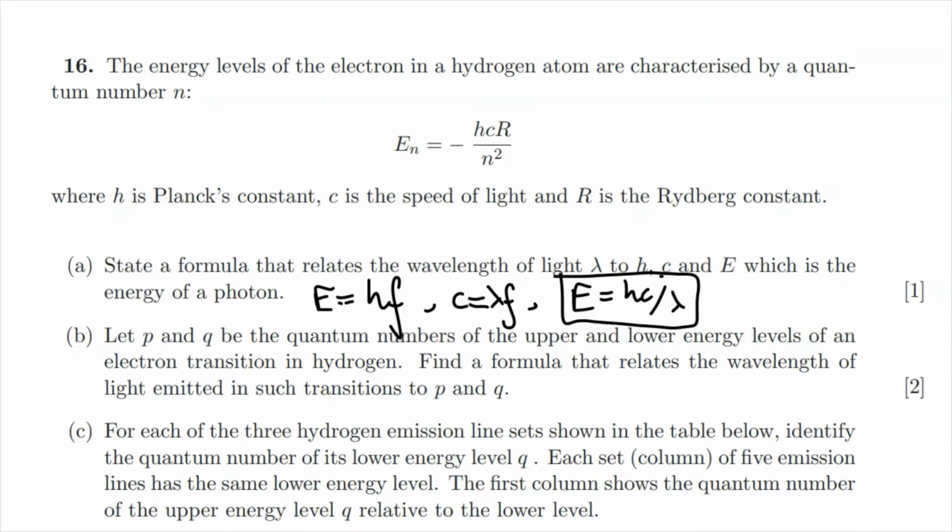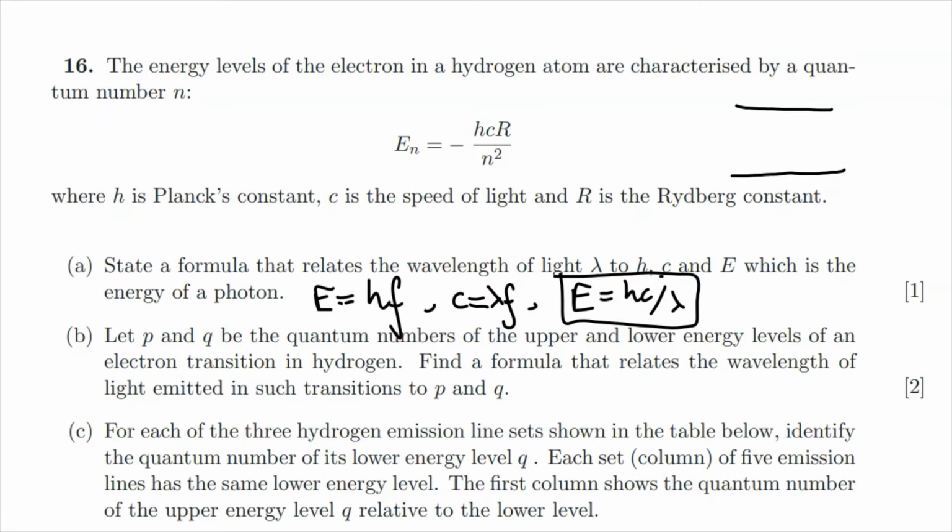Part B. Let P and Q be the quantum numbers of the upper and lower energy levels of an electron transition in hydrogen. Find a formula that relates the wavelength of the light emitted in such transitions to P and Q. Okay, let's draw a little diagram.